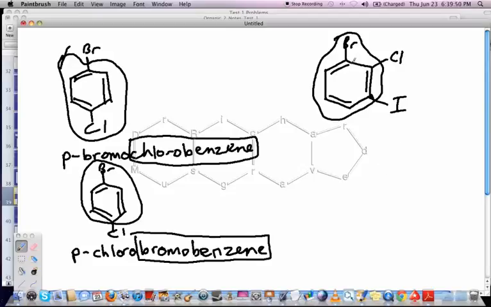Now if this is a bromobenzene, then what that means is there's a chlorine group in the 2 position and an iodo group in the 3 position. Now since we have to do this via alphabetization, it's going to look like this. It'll be 2-chloro, 3-iodo, and then it would be bromobenzene.